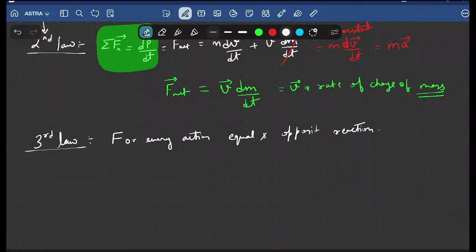So basically, what does it say? For every action, equal and opposite reaction. Here, action and reaction are in the sense of forces, right? First of all, understand what is action and what is reaction. In the context of Newton's laws, action and reaction are not stimulus and response from an external environment.